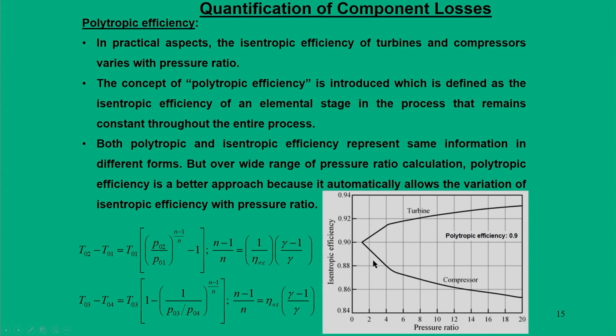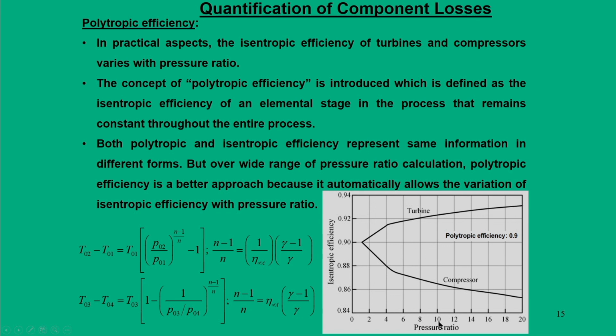If you look at a wide range of pressure ratios, from let us say 2 to 20, it can be seen that the isentropic efficiency of the compressor varies from maybe 0.85 to 0.9, and similarly when you go to a higher pressure ratio, the turbine efficiency increases. So, even though we define isentropic efficiency, it is a function of pressure ratio.